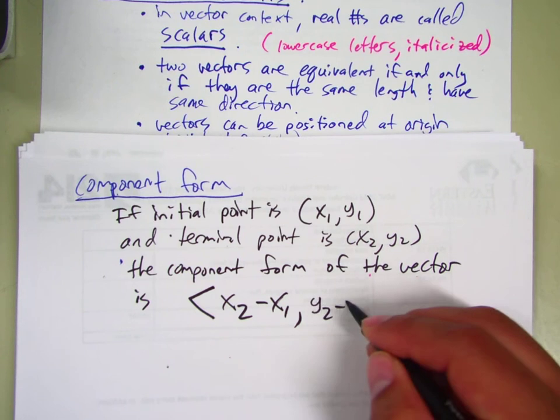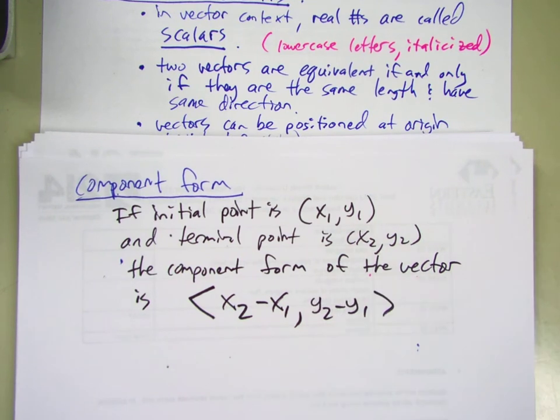And it has to be in that order. Okay? If you don't do it in that order, you still get the same size, but you get a different direction, and that's a huge deal that you don't want to mess around with vectors. Okay?